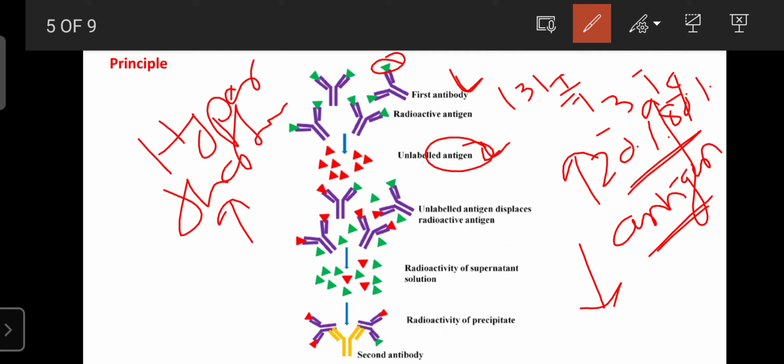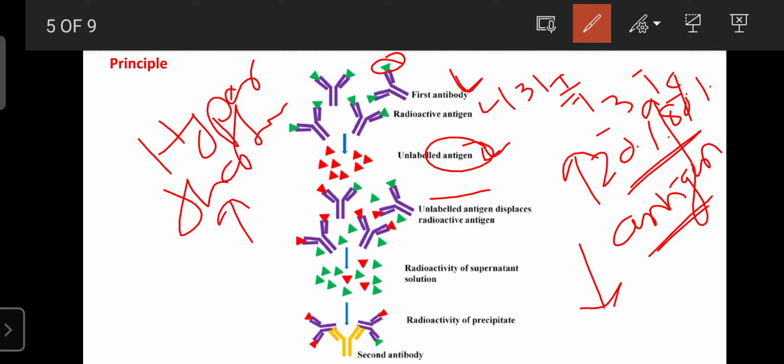Those administered antibodies contain radioactive antigen, known as the labeled antigen. If our antigen replaces it, that is known as the unlabeled antigen. In the last step, we monitor how much of the administered radioactive antigen is present in the serum or not.